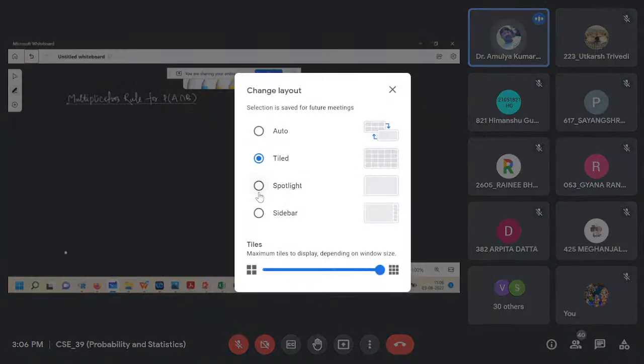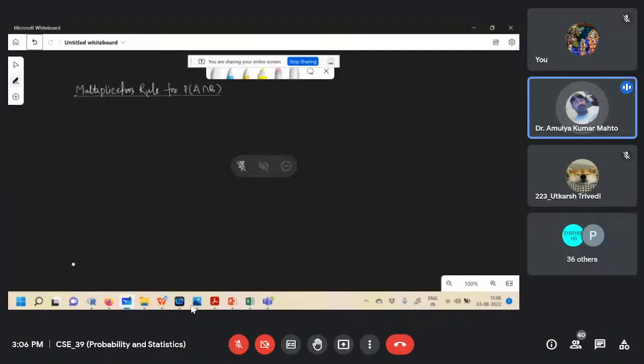Okay, so the multiplication rule for the probability of A intersection B was defined as: probability of A intersection B equals probability of A given B into probability of B. Or if in this expression the event B is known, you may have A intersection B equal to probability of B given A into probability of A. So these are the two expressions for the multiplication rule.